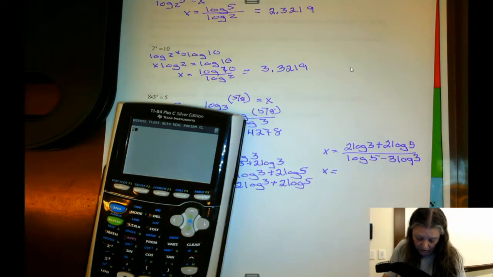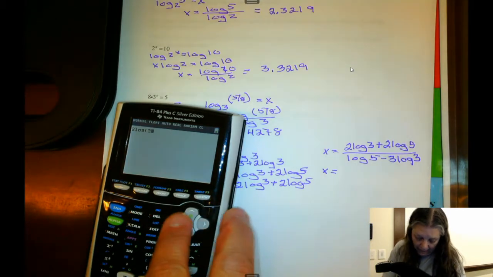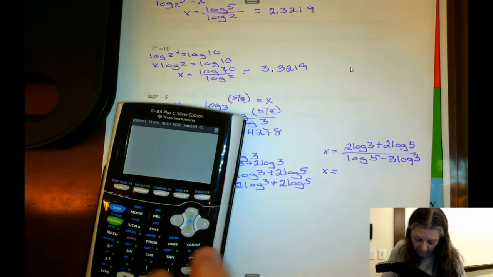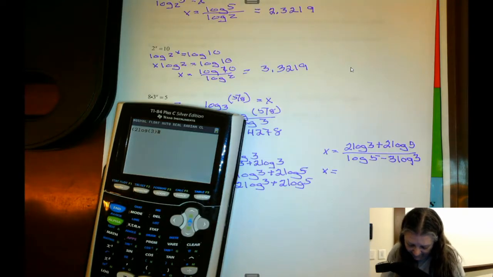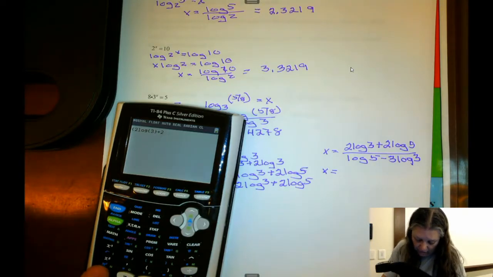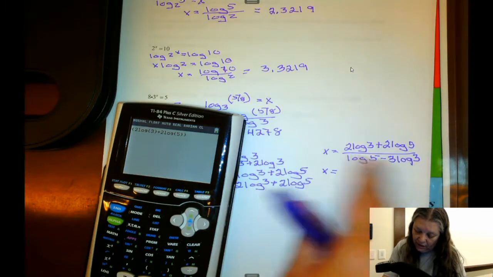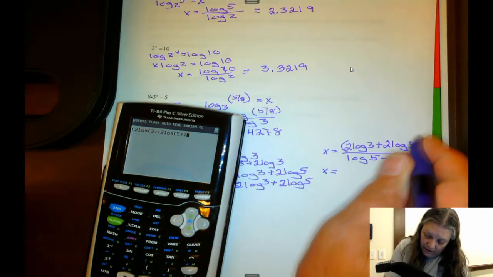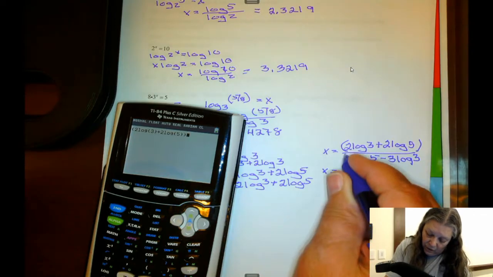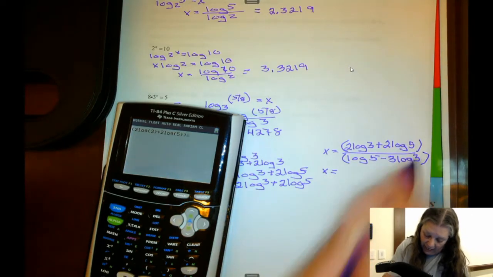So in the calculator, parentheses, 2 log 3 plus 2 log 5, close, because we want to make sure the numerator is done before we divide by the denominator.